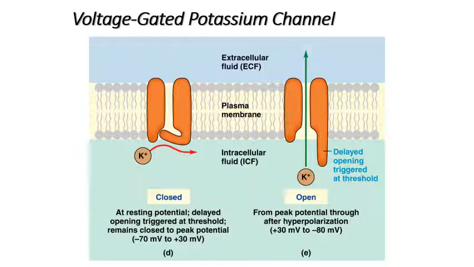Now looking at the voltage gated potassium channel, you can see we don't have that inactivation gate. All we have is basically a gate to open up, and potassium, because it's high inside, can rush out. What's key about this channel? Its trigger to open is negative 55 millivolts.